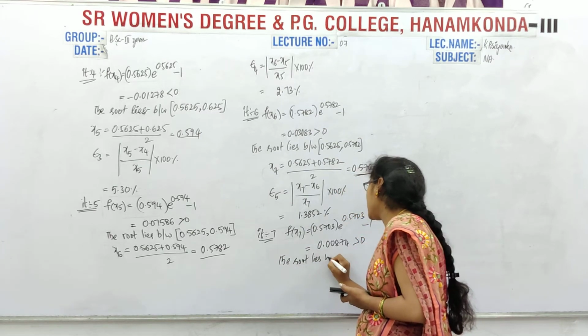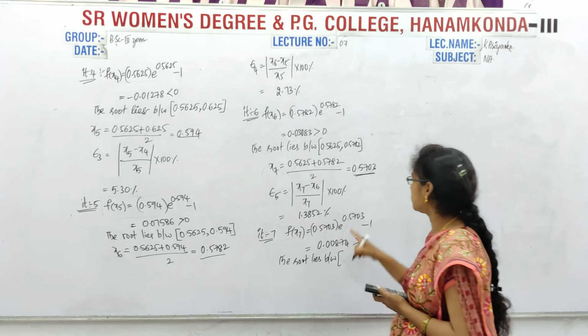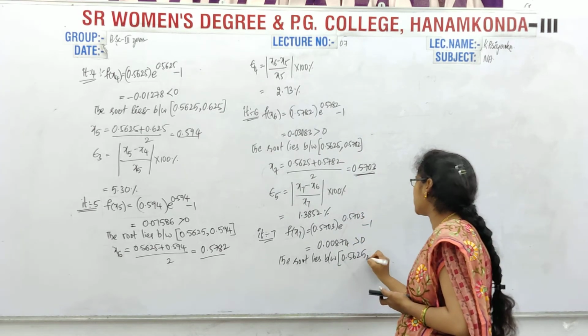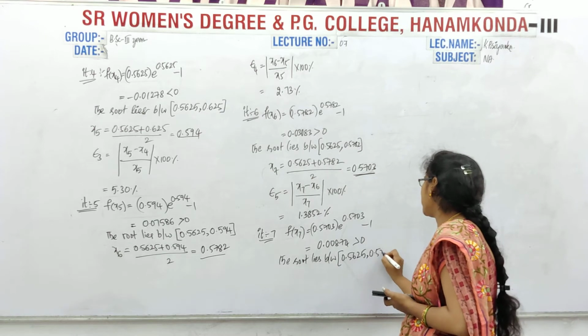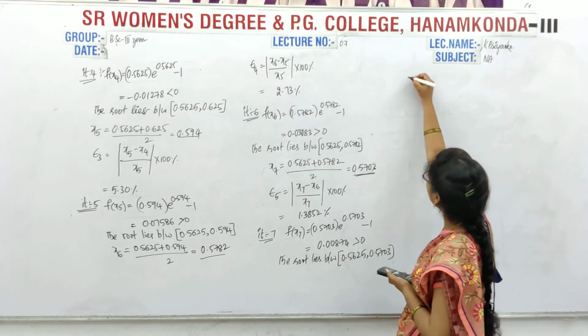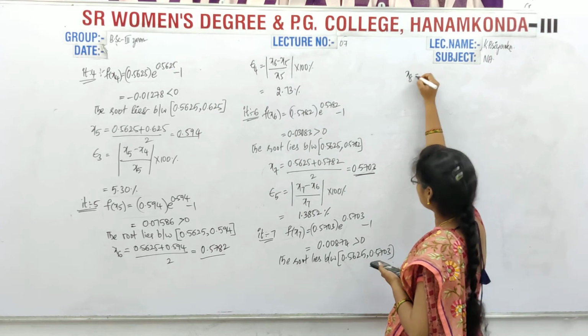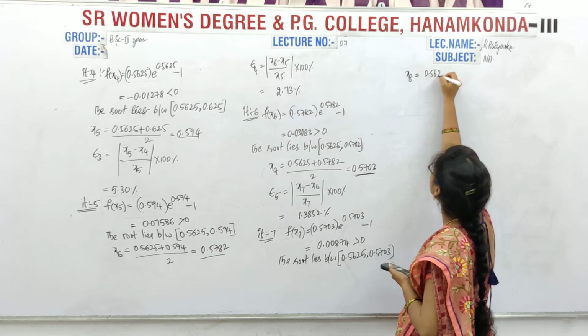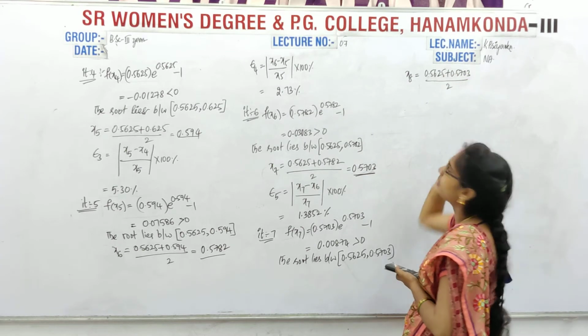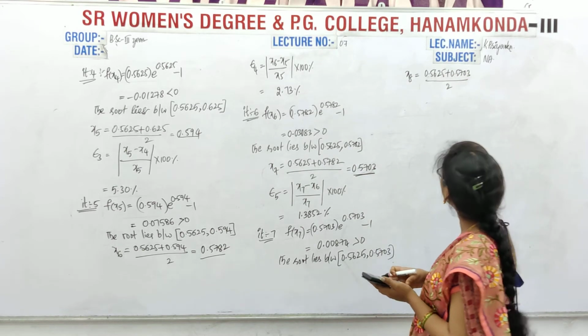Here negative and positive. Already we know that 0.5625 is negative and now 0.5703 is positive. Now the next value x8 equals (0.5625 plus 0.5703) by 2. Now calculate it.